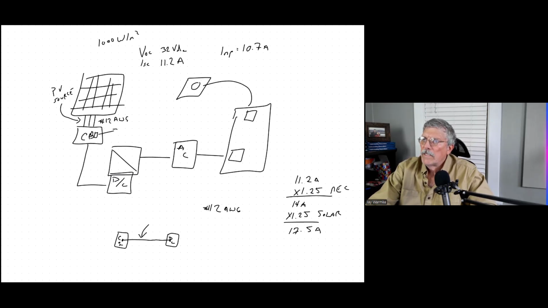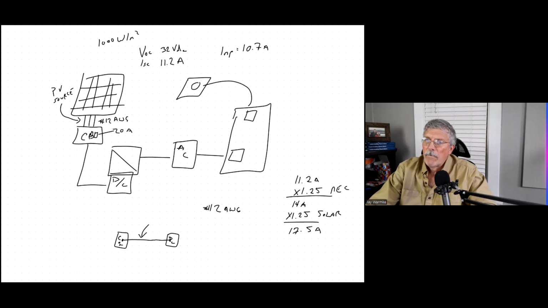And now what we need to check is to make sure that the breakers or the fuses do not exceed the capacity of the wire that's feeding them. So we've got 20 amp wire feeding 20 amp breakers, so we're fine. Okay, so we've got 12 gauge here, 20 amp breakers or 20 amp fuses in the combiner box.